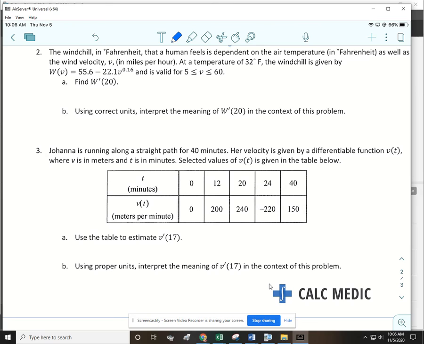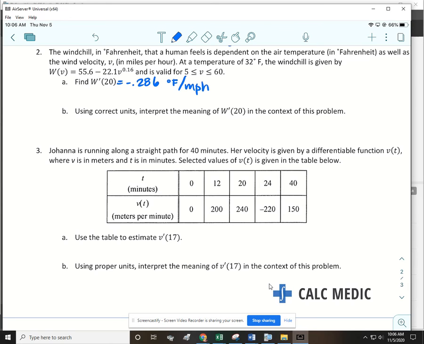So again, we can just use the calculator to find it. So I've already done this, so I'm just going to have you guys trust me that I typed that function in Y1, and then I used alpha window to find the derivative in the calculator at x equals 20, technically v equals 20.